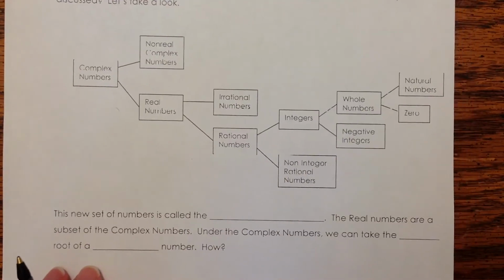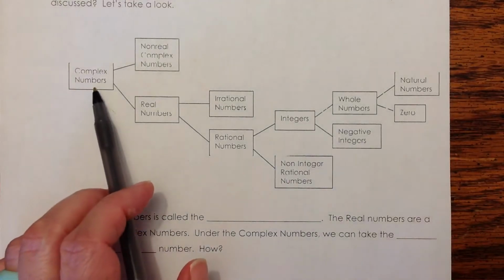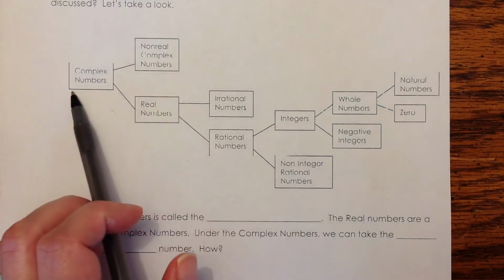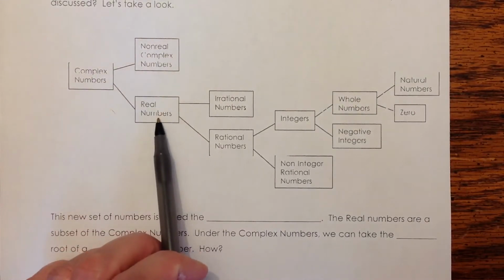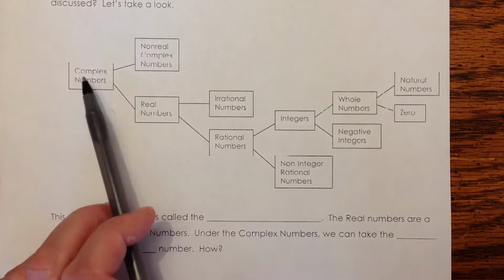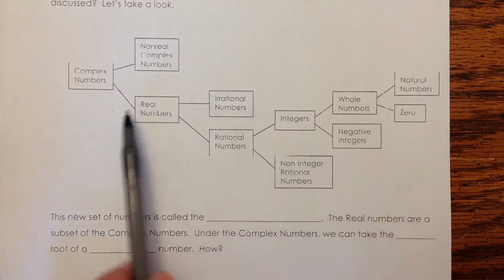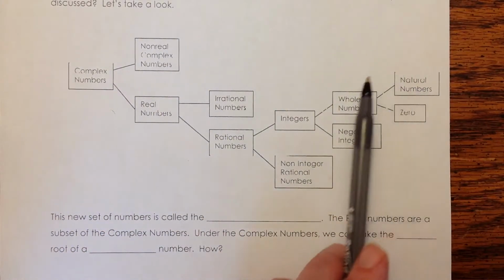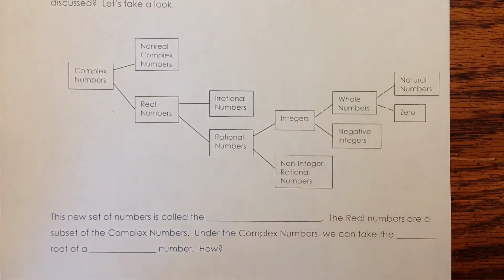So if we look at this string of number sets, the complex numbers is the largest number set that we'll talk about in this course. All of the real numbers can be found in the complex numbers, but not all complex numbers can be found in the real numbers. So the way this chart works is everything to the right can be found in the left, but not all of the left can be found in the right.